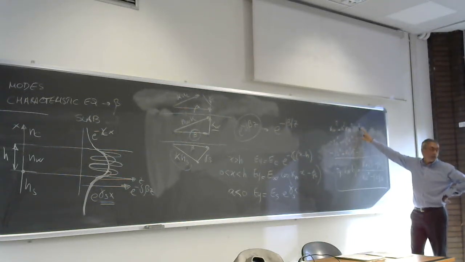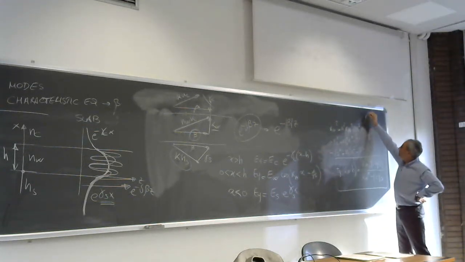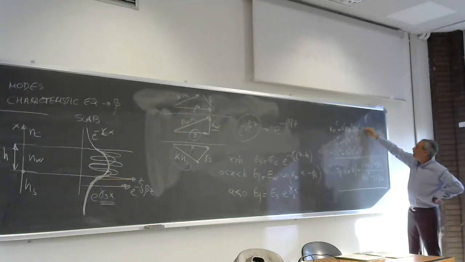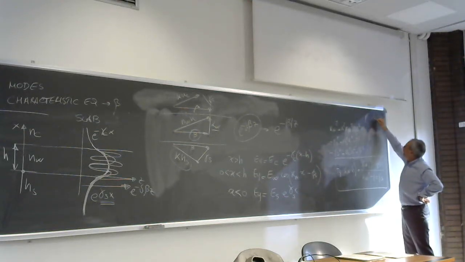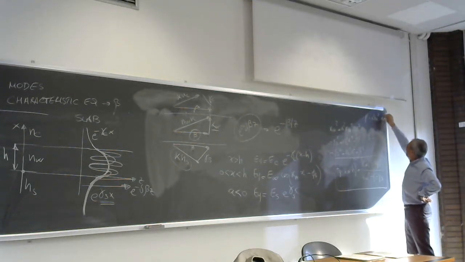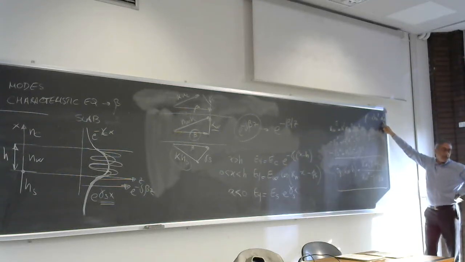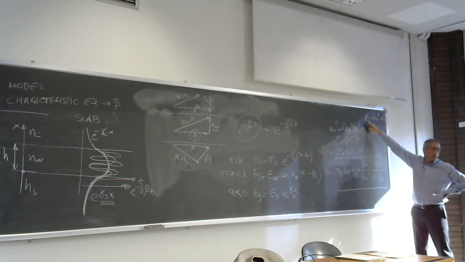And it is the square of beta that becomes negative. So beta becomes imaginary. Obviously, if I increase this one, at some point this one becomes negative.